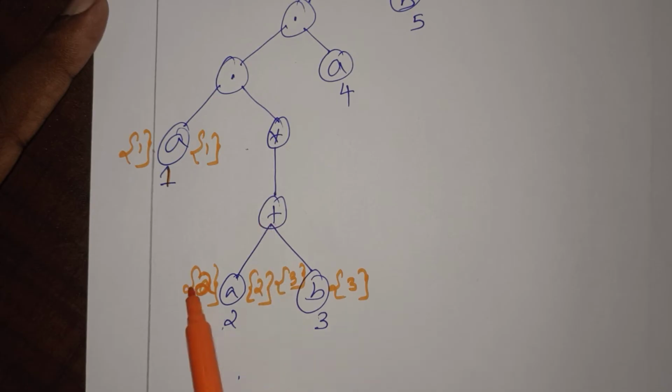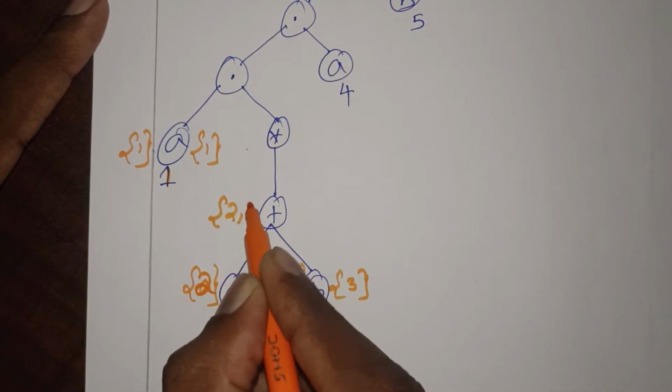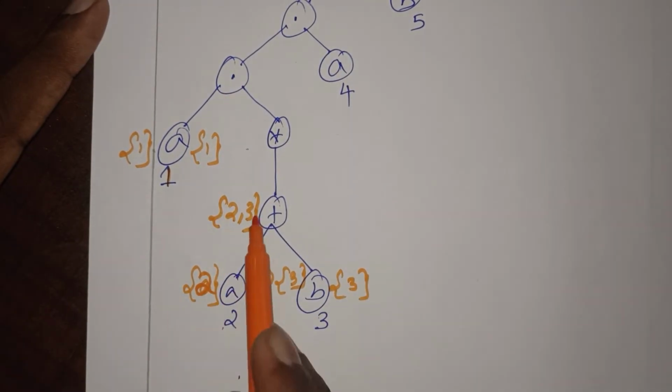So if it is plus, we are going to take the union of both first, so the union of both of these is 2 comma 3, that is the first position.